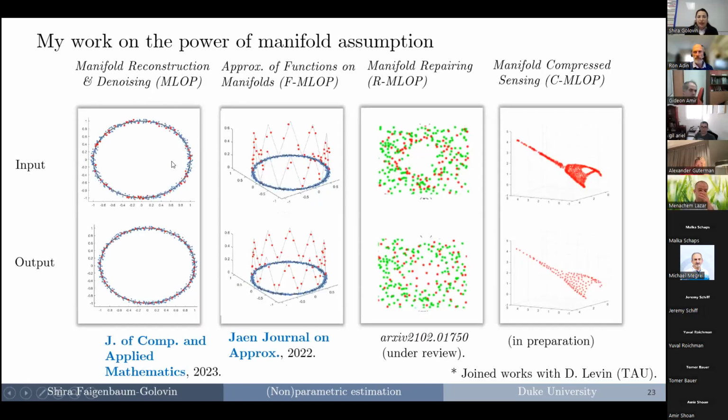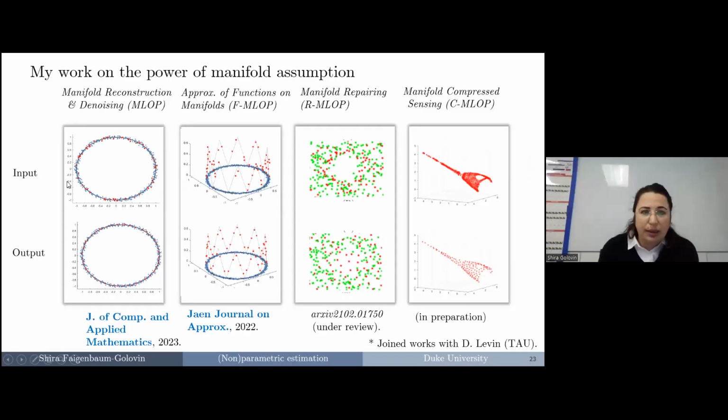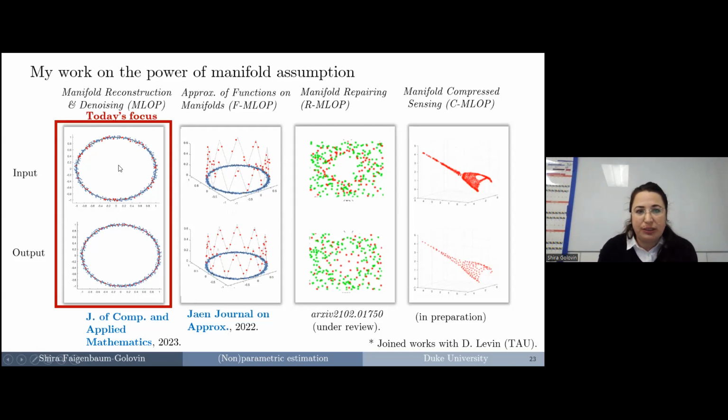To address that, I've developed the first framework, which I denote MLOP, the manifold reconstruction and denoising, that given some sample points on a manifold in high dimension with noise, I'm able to reconstruct the manifold in a quasi-uniform way, as well as to denoise the data points. This endeavor also continued to other approximation tasks, which I'll also describe briefly later. But let's just dive into the details of this work.